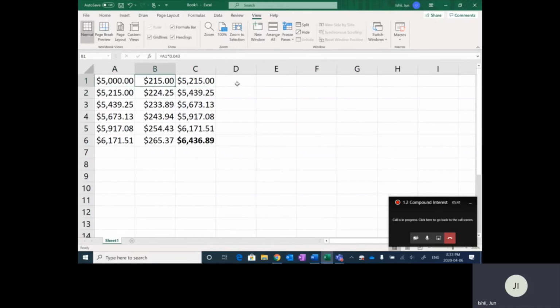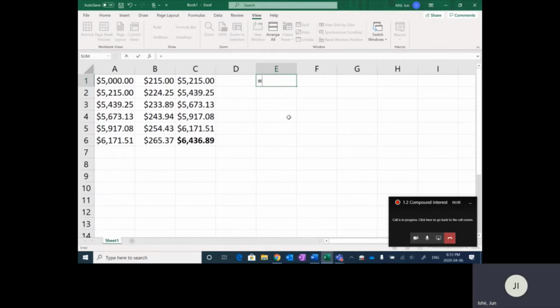You'll notice down this column that the interest is actually increasing. The reason is that you're getting paid interest on top of the interest you earned in the previous year, so that's why these numbers are getting bigger. The final balance there is $6,436.89. Just as an aside, over here, I'm going to actually punch in.